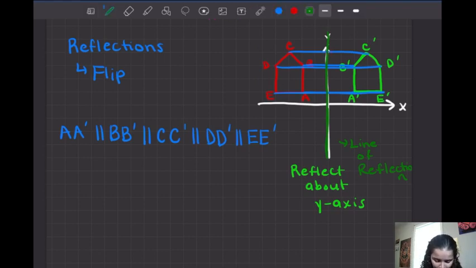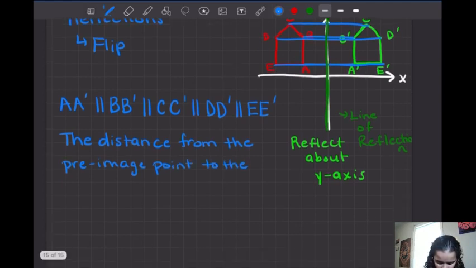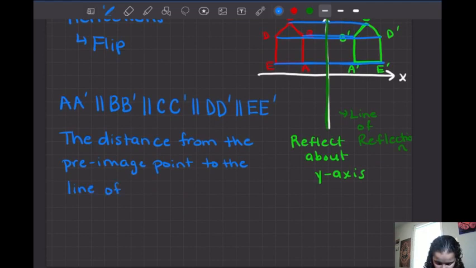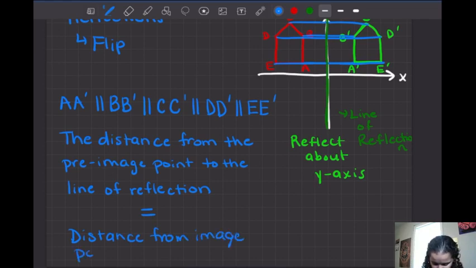So I'm going to see if I can find a way to write that out. Basically, the distance from the pre-image point to the line of reflection is going to equal the distance from the image point to the line of reflection.